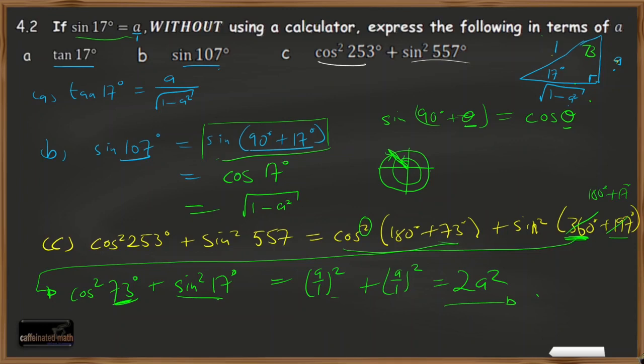There we go. Some efficiency in taking advantage of seeing what the diagram is. Of course, understanding your cofunctions is also allowed over there. That gives you 2 marks.